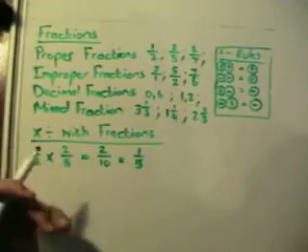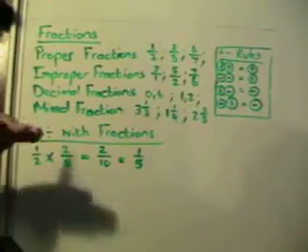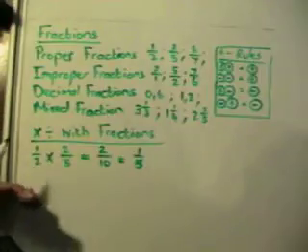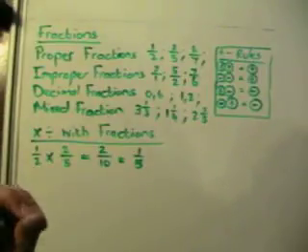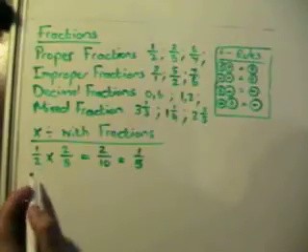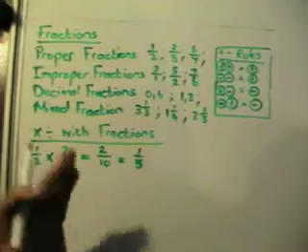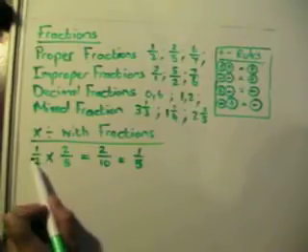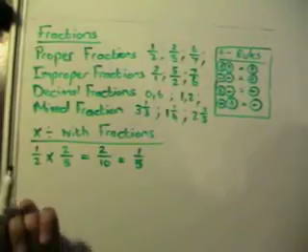Alright, something else you can do before you start multiplying the numerators and the denominators is see if there's anything at the top and anything at the bottom which has the same factors, a number on the top and a number on the bottom that can both be divided. It doesn't have to be in the same fraction.